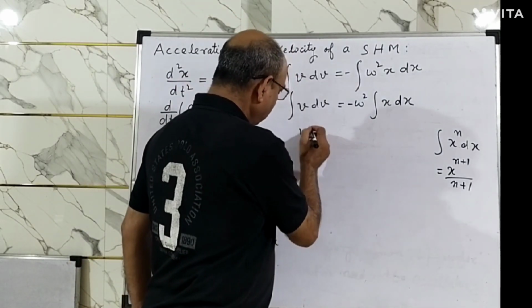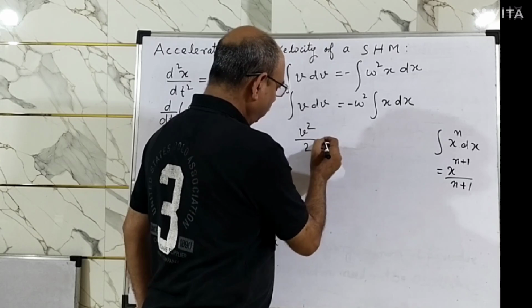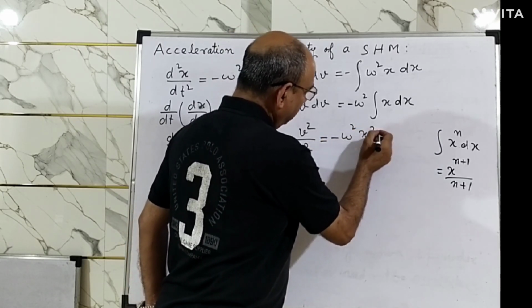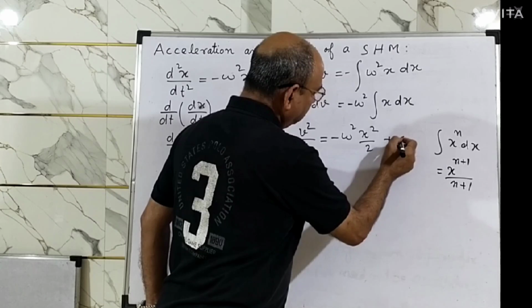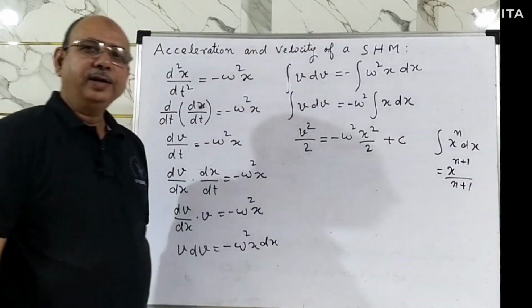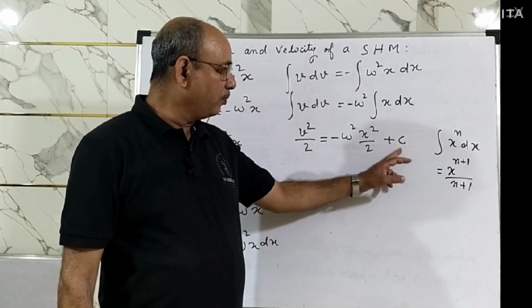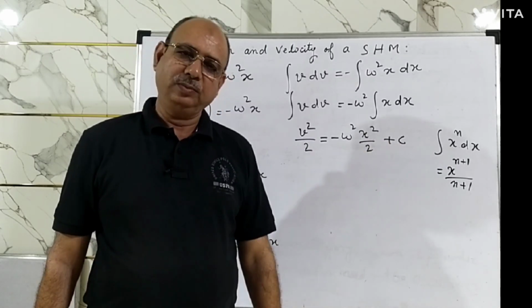We can write v square upon 2 is equal to minus omega square x square upon 2 plus c, where c is the constant of integration and we have to find out the value of c.